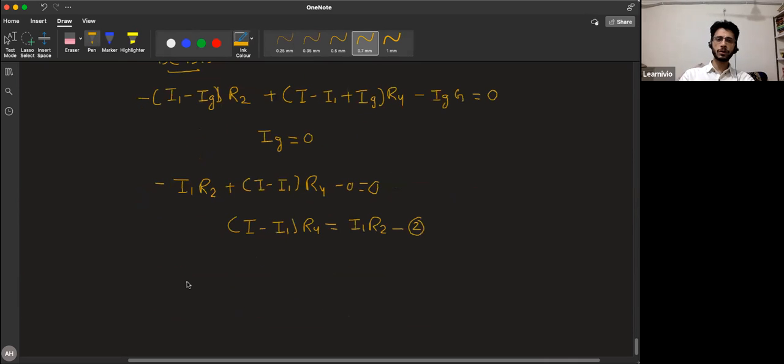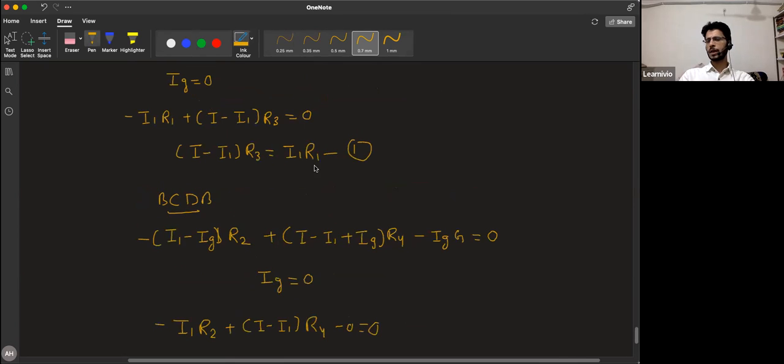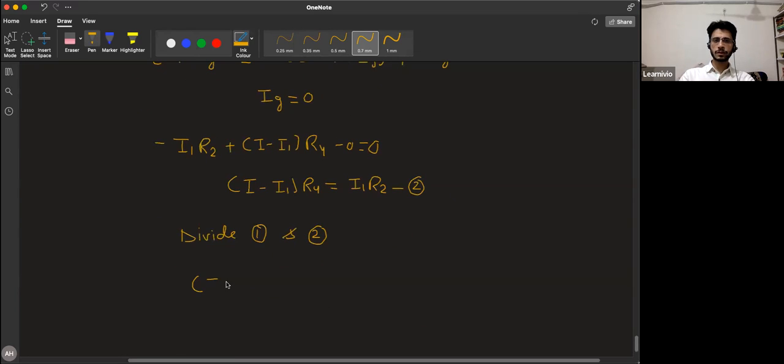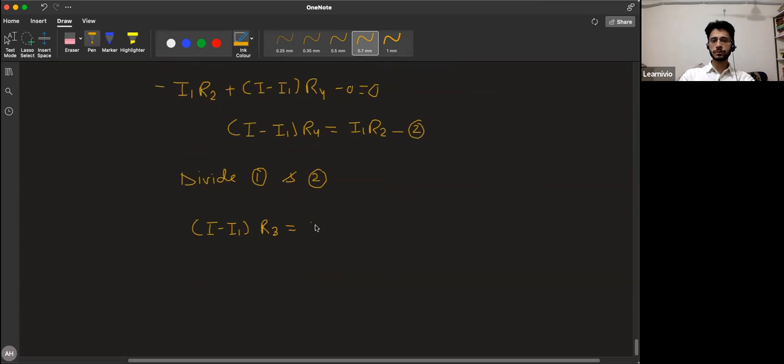So I minus I1 into R3 is equal to I1 R1, divided by I minus I1 into R4 is equal to I1 R2.